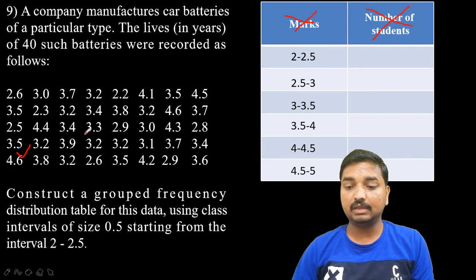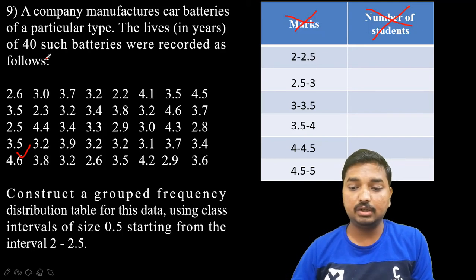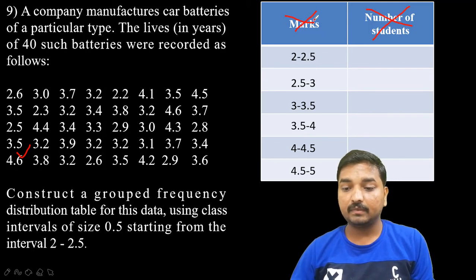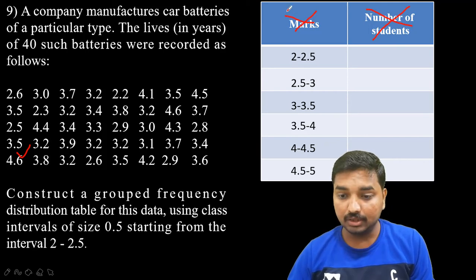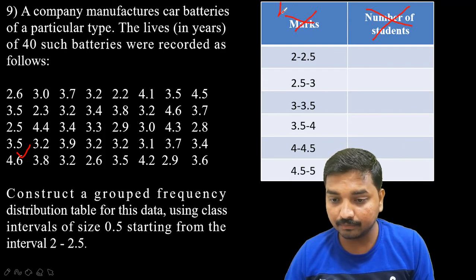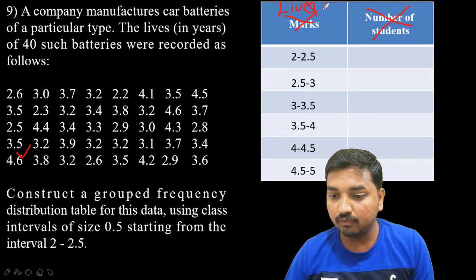You need to identify in the same way. I will give the answers for you, and you need to write it like this. In the first column, you need to write lives of batteries in years.